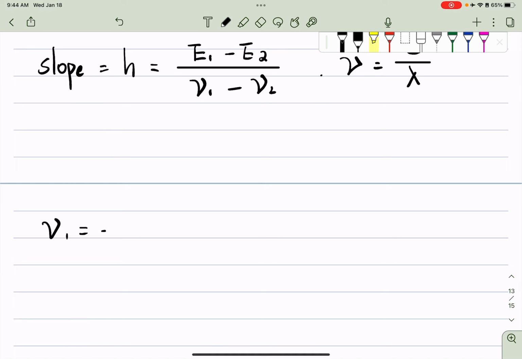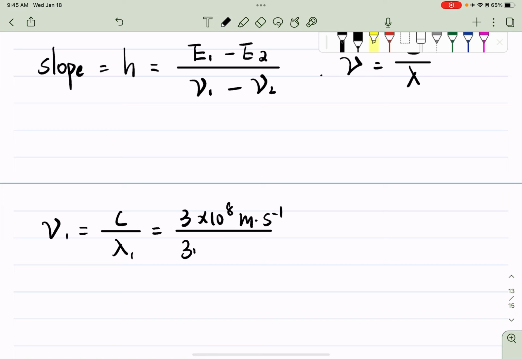So mu1 equals c over lambda 1, which is 3 times 10 to the 8th meter per second over 300 times 10 to the negative 9 meter, and equals 1.00 times 10 to the 15 per second.